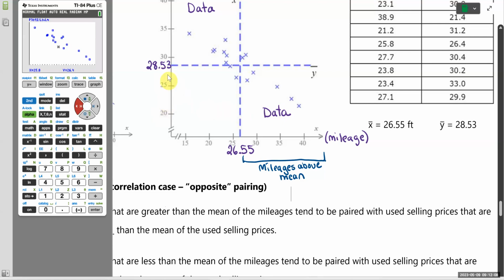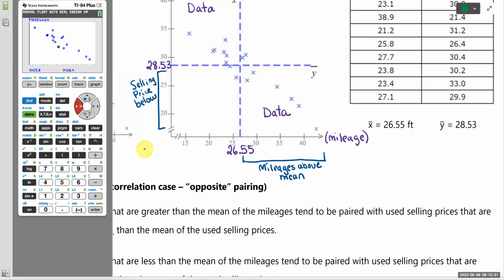And so that would correspond to these values. And those values are below the mean in terms of the selling price that they got for the Cadet. So here we have selling price that's below the mean selling price for the Cadets.